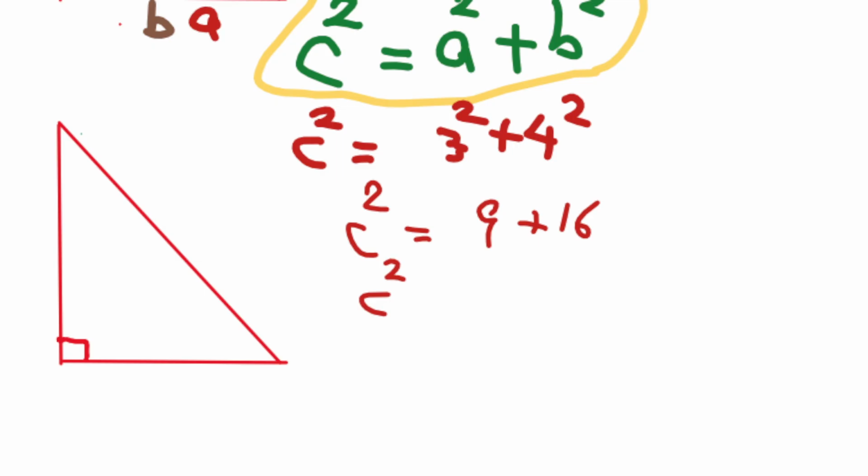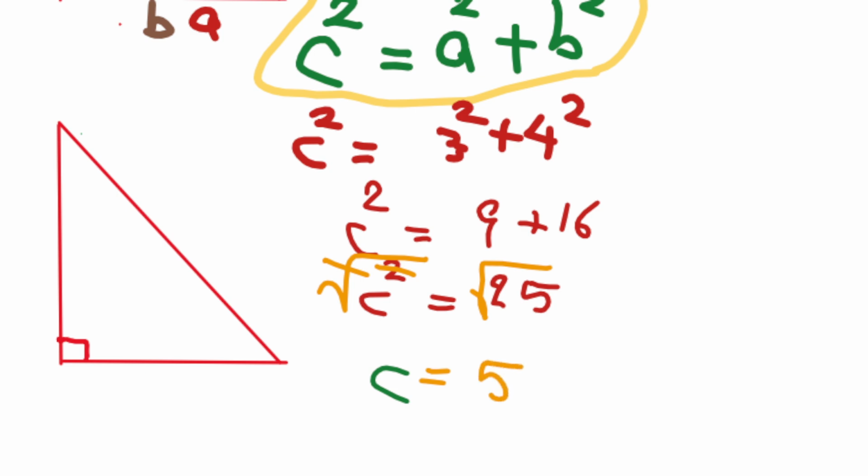That means C squared is 9 plus 16, which is 25. Are we looking for C squared? No, we are not. We are looking for just C. So to find C, you will just take the square root of both sides. The square root of C squared is C, and the square root of 25 is 5. The square root of 25 is what number times itself makes 25, so it's 5. This is how it works.